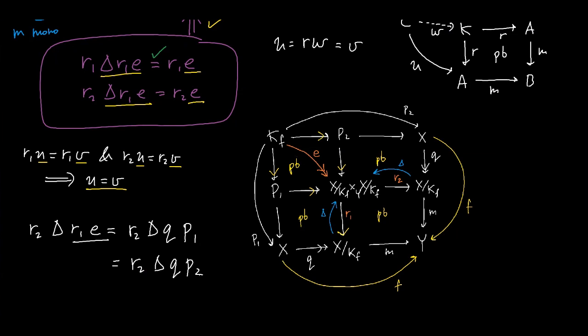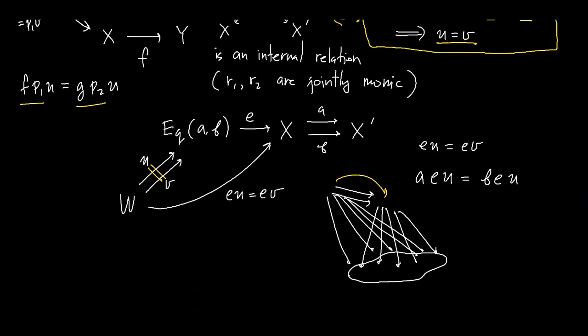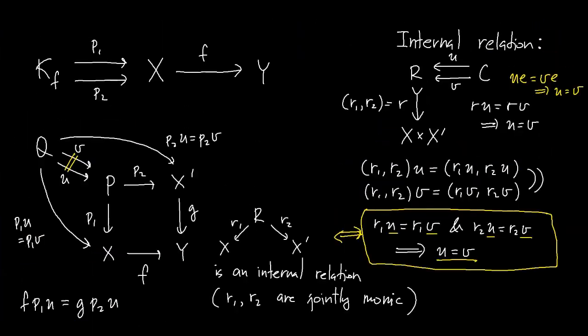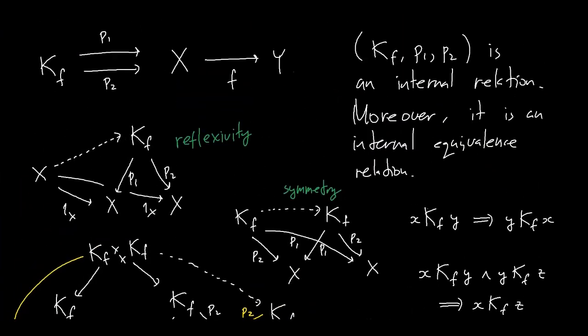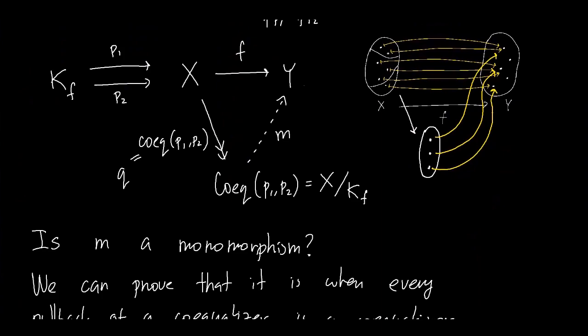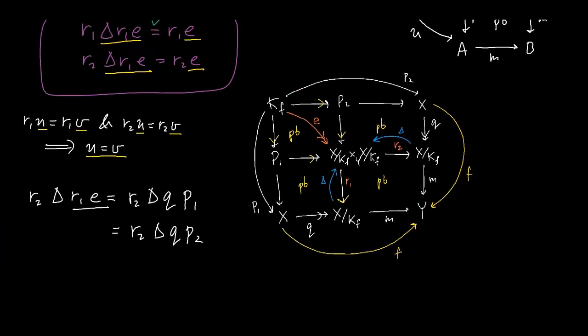Oh, because Q is a co-equalizer of P1 and P2. That's how we build Q. Q is a co-equalizer of P1 and P2. So that equals that.